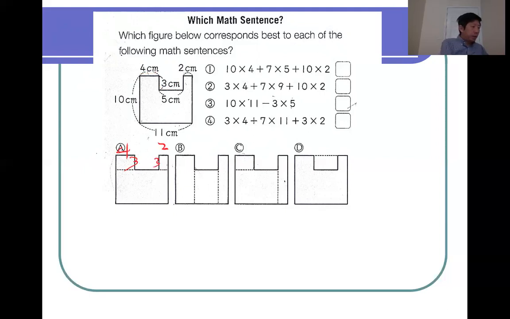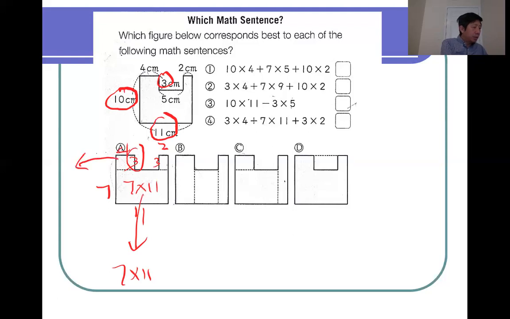And then since this is a 3, this is a 3, this is a 10, can we say this is a 7, yes or no? Now this is 7, and this is 11 underneath, so underneath here we can say 7 times 11.